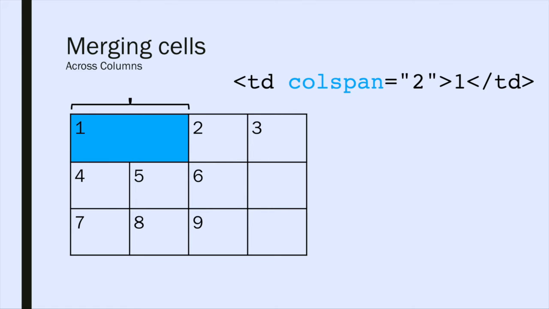The rest of the data in the table stays exactly as it is. If you were to increase this by, say, 20, then the one cell would span 20 columns, pushing 2 and 3 over far, far, far right.